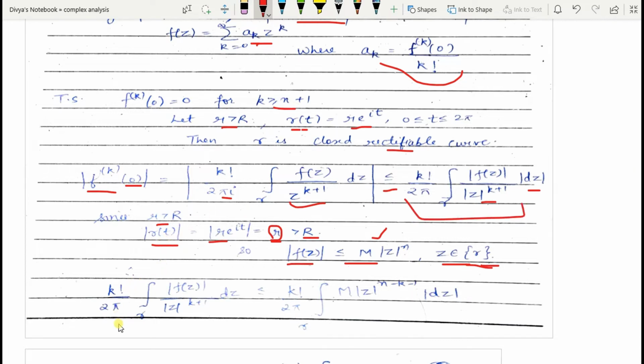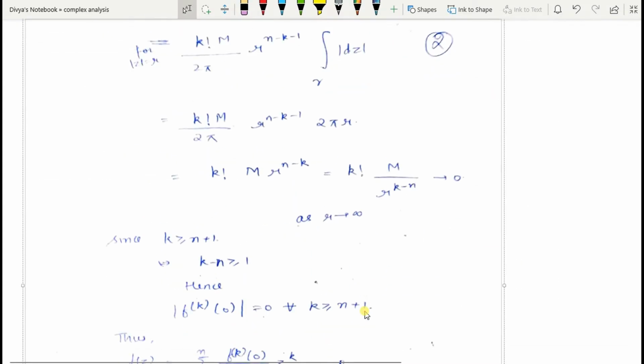Now if we are evaluating this integral, that would be k factorial upon 2 pi as it is. This would be less than or equal to, replacing modulus of f(z) by M times modulus of z to the power n, and since modulus of z to the power k plus 1 was in the denominator, it would be z to the power n minus k minus 1 in the numerator.